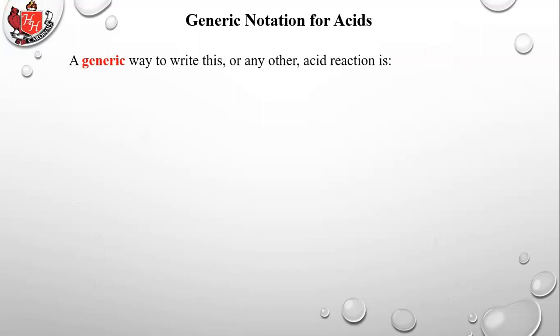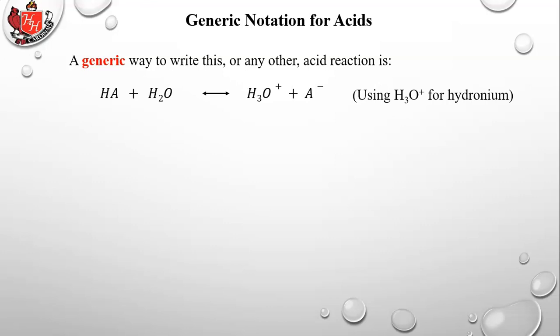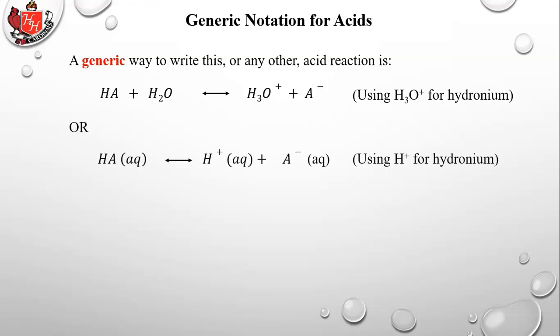A generic way to write this or any other acid reaction is HA plus H2O produces H3O+ plus A-. So the HA is just the generic form of any acid, where H is the proton that's going to dissociate, break away, and A is the rest of the acid molecule. So we'll see some examples here. The other way you can write this is in the abbreviated condensed form: HA produces H+ and A-.